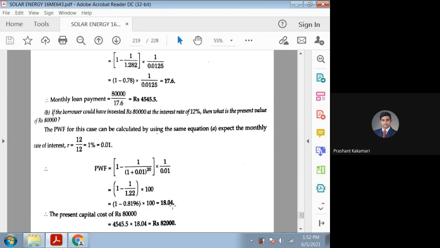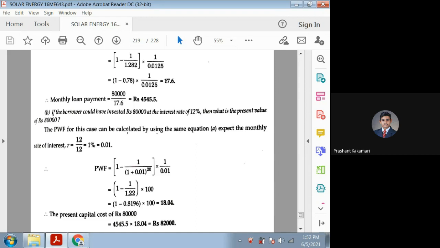Okay, 18.04. Now to find out the present capital cost of the 80,000 rupees over 20 months of advantage. Over 20 months he is going to get each month 1% return, or per year 12% return. On that basis, how much amount is he going to earn in this second case? For that, this factor is multiplied with the monthly earning, or monthly spending if you take.